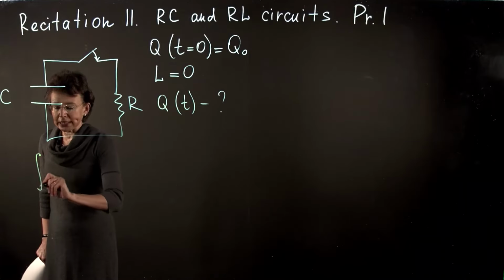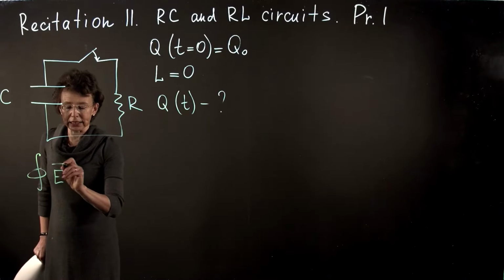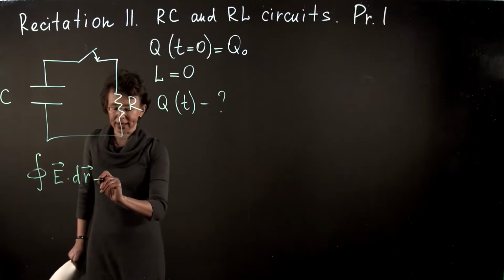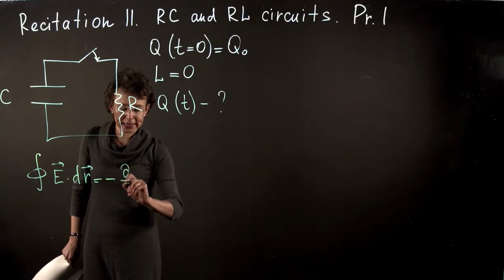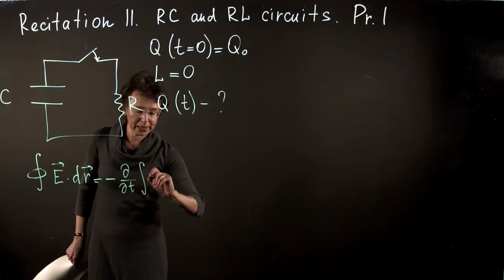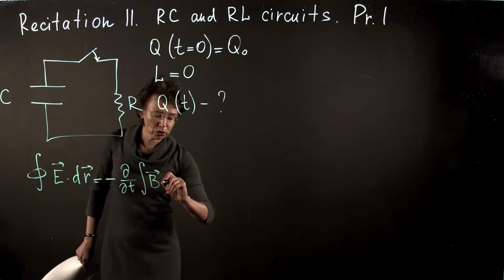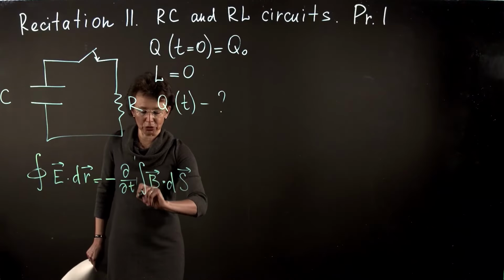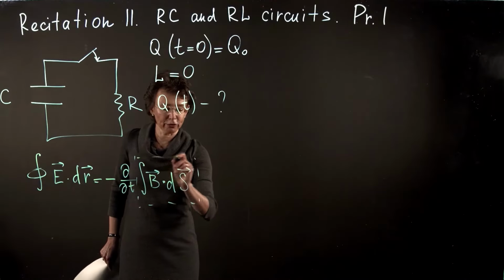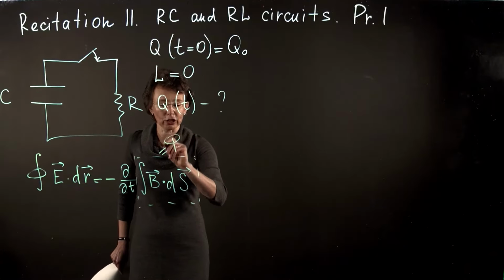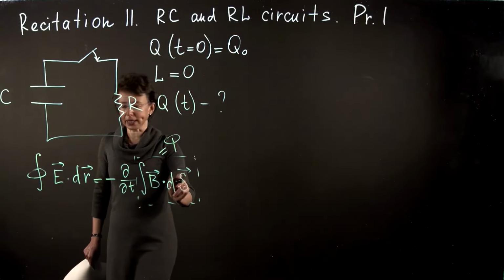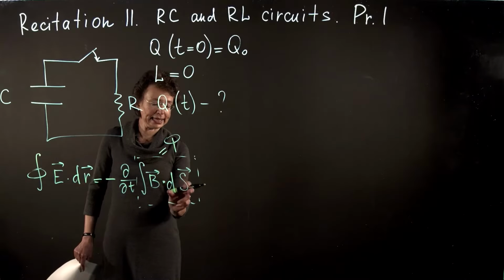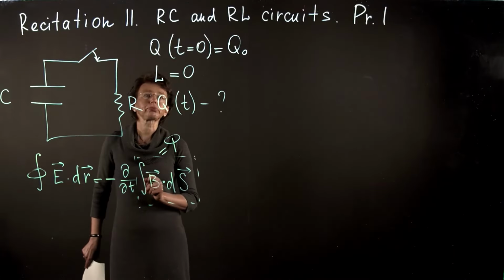Faraday's law, that tells us that the integral of E dot dr over a closed path is equal to minus d dt of the integral of B dot ds, where the integral of B dot ds is the flux of the magnetic field through the surface S bounded by this path, and ds is the area vector.